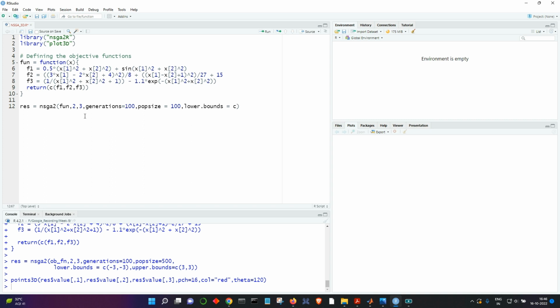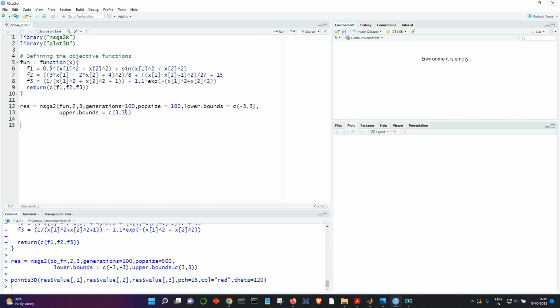Previously, we could just give lower, and we didn't need to give the structure inside the field. But this time we have to give. So the lower bound of x1 is -3, x2 is also -3, and then the upper.bounds, we have c combination of 3 and 3, and that is it. That is the minimum requirement to run this.